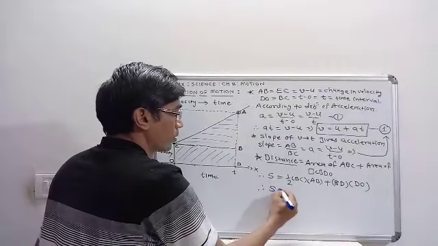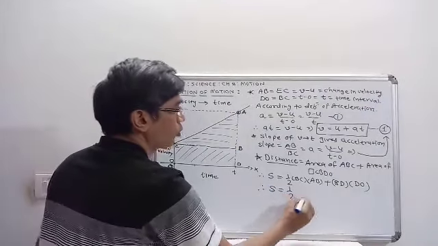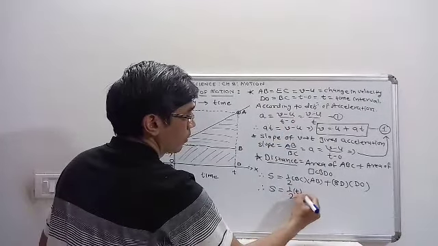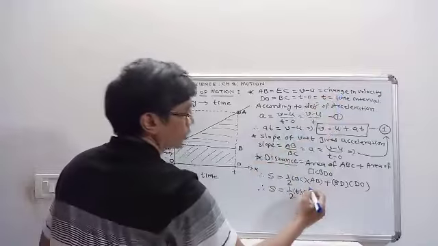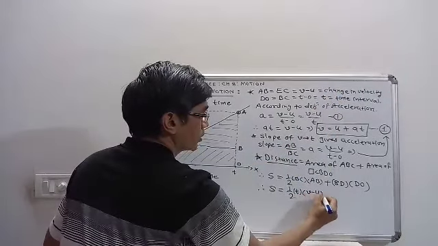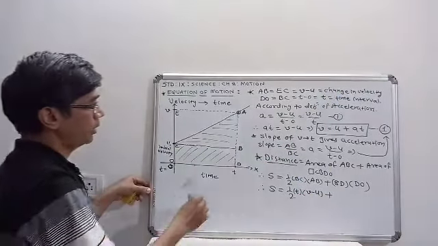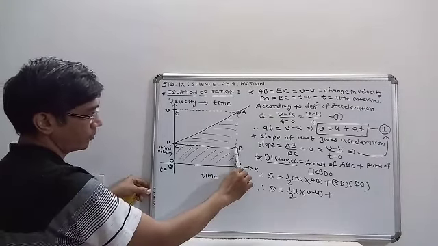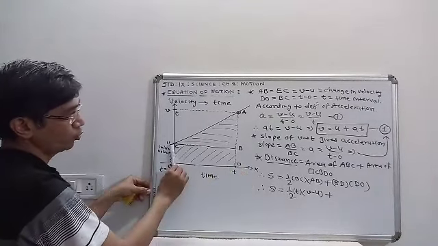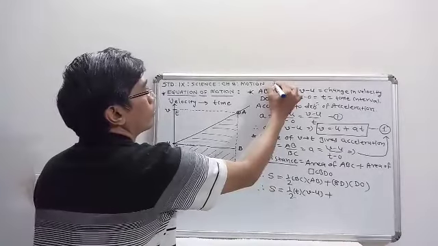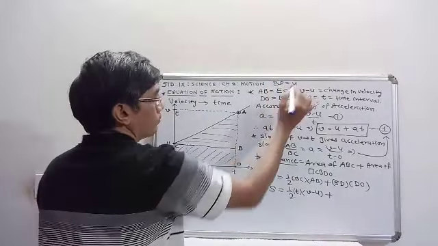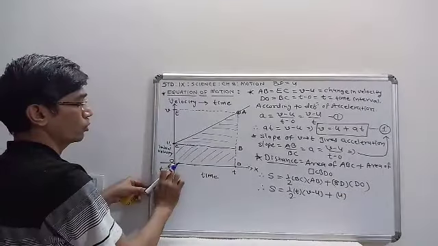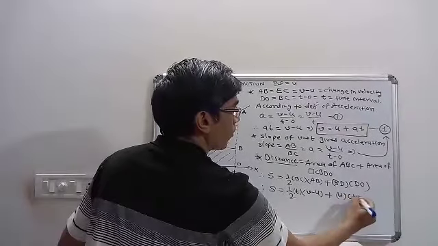That means S is given by 1 upon 2, BC is equal to time t, AB is equal to the change of velocity v minus u, plus BD, which is u, the initial velocity, and DO is again time t.